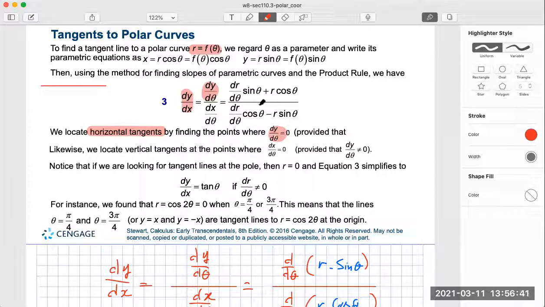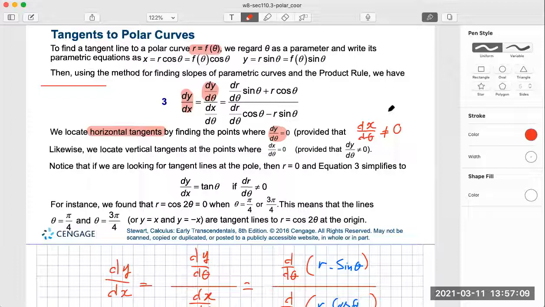But this is a whole fraction, so we need one more condition: we need to prove that at that point, dx over d theta should not be 0. If you miss this part, a problem happens. Be careful with that, because in test 1 and test 2, many people forgot to check that condition.